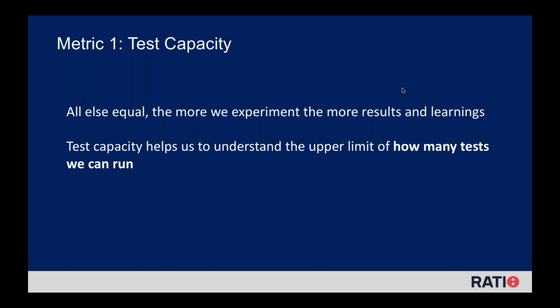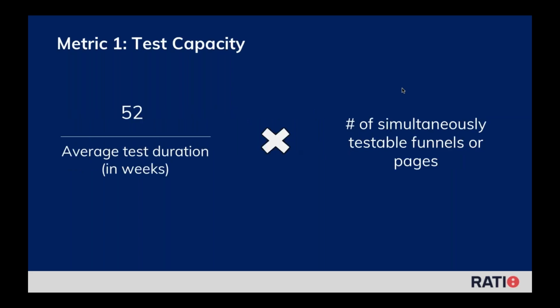And test capacity is a pretty simple calculation that lets us work out how many tests we can be running on our website at any given time. So the way that we work it out is to look at two different things, really. One of them is, how long is your average test taking to complete in weeks? And then dividing that into 52, which is essentially saying, if we could only run one test at a time, how many tests could we run over the course of an entire year?